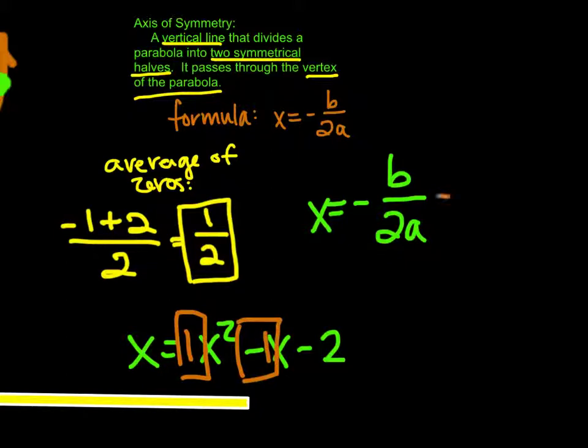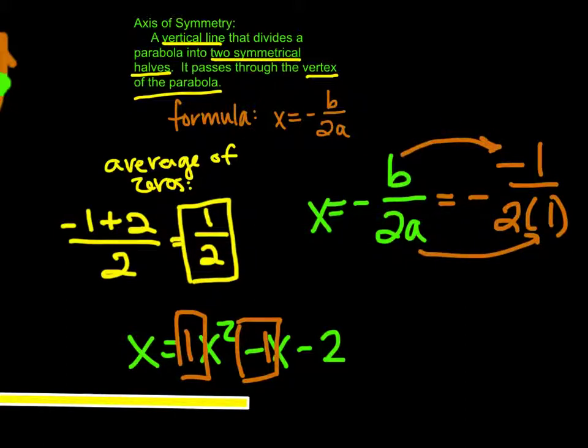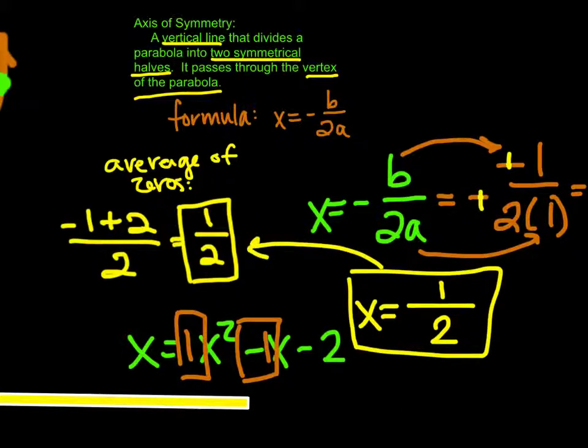So if we put that into this equation, we have -1 over 2 times 1. Our b is a -1 and our a is a +1. So then we can actually do some math. We have a negative times a negative, which is a positive, so we have 1 over 2 times 1, which is 2. So x equals 1/2, exactly what we had before.